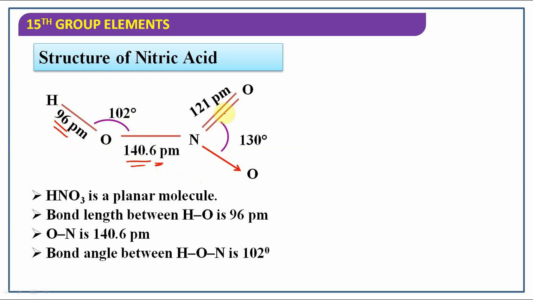And the NO bond length is 121, and this bond angle can be taken as 130 degree. Is it clear? So this is the data given for nitric acid. Understood?